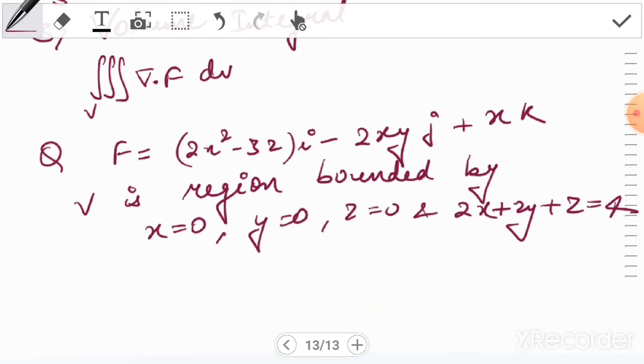Yes? So let us first find the divergence of the f vector, which is 4x, okay, and minus 2x, this will be 0.